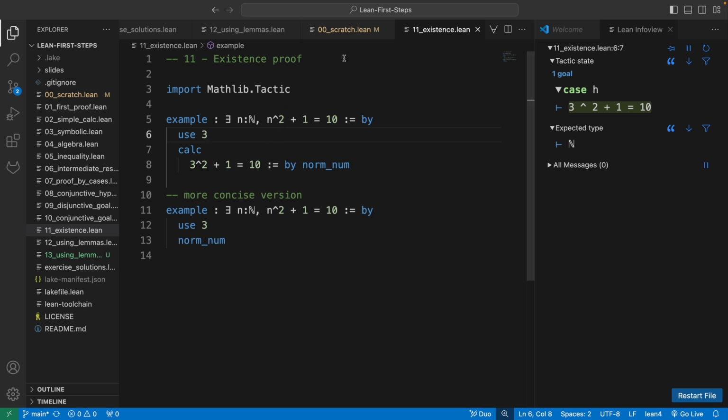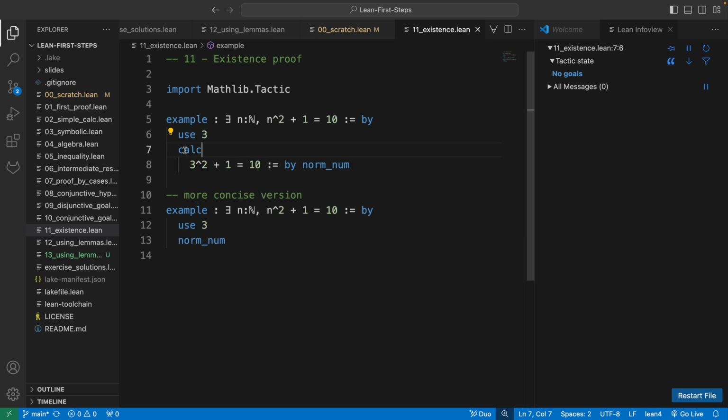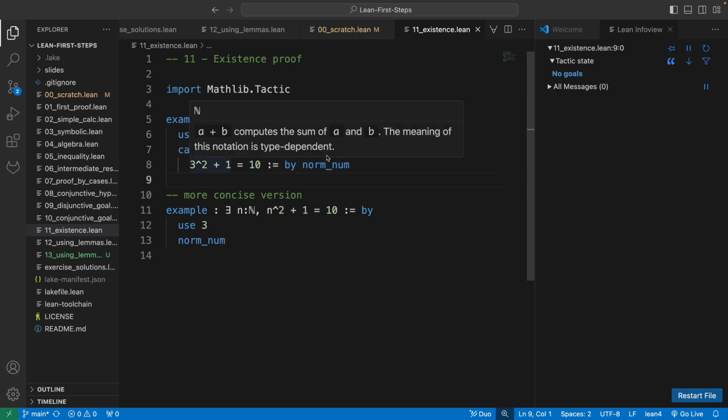We wanted to find an n such that n squared plus 1 is 10. We think it's 3. So we have to prove that 3 squared plus 1 is 10. It really is as simple as that. So that's why that proof objective has changed. And then we just use a simple calc section to prove it using arithmetic. So this should be quite familiar.